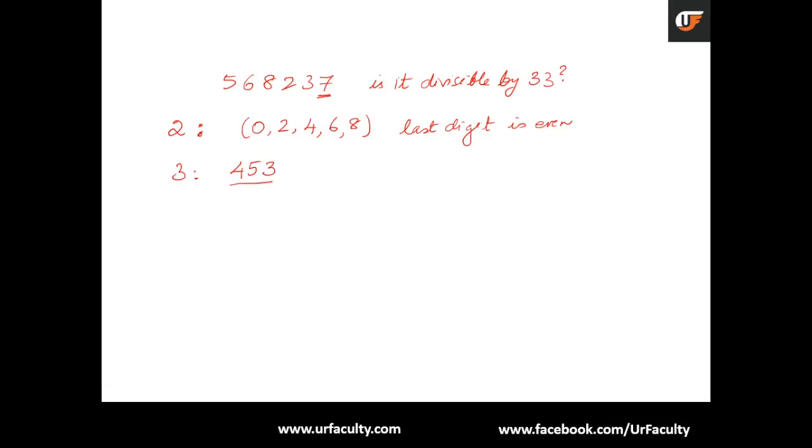If this is the number given to you and they're asking you to check if it is divisible by 3 or not, what you need to do is 4 plus 5 plus 3. This is equal to 8 plus 4, 12. We know that 12 is divisible by 3. So all that you need to do is sum up the digits and check if that sum is divisible by 3.